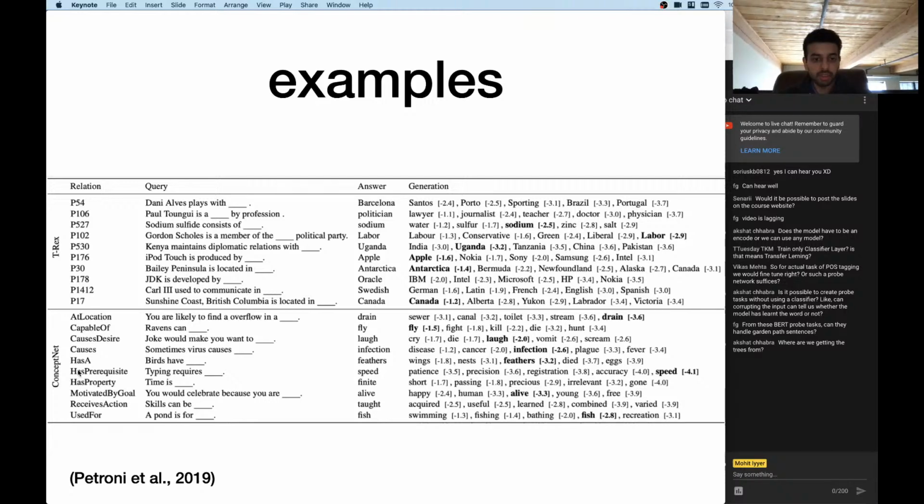You can see some other, more common sense based ones. "Ravens can [blank]": fly, fight, kill, die, hunt. These are also things ravens could do, but fly is one of the correct answers, at least.